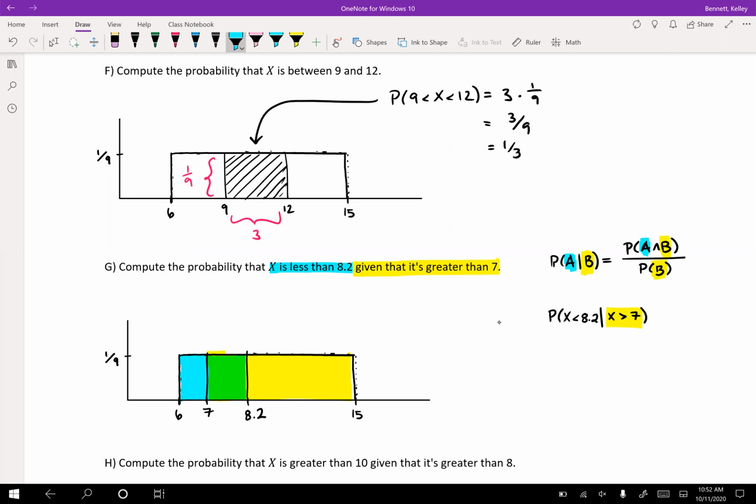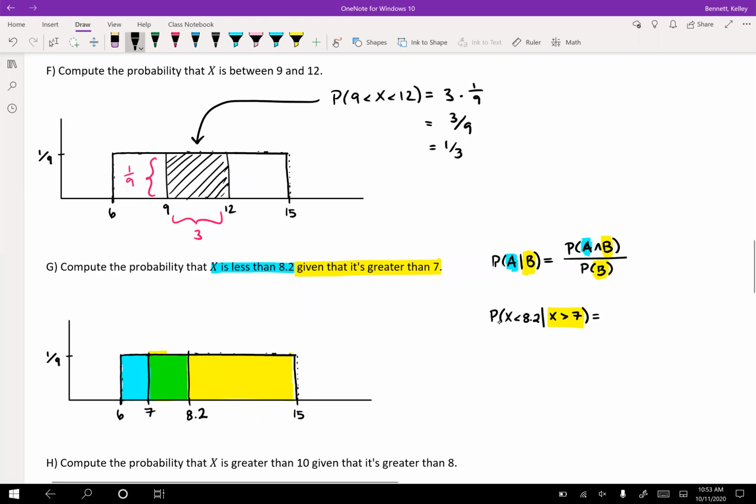All right, so now I want to look for my numerator. I'm looking at the probability that X is less than 8.2 and X is greater than 7. So that's going to be where both A and B are true, right?